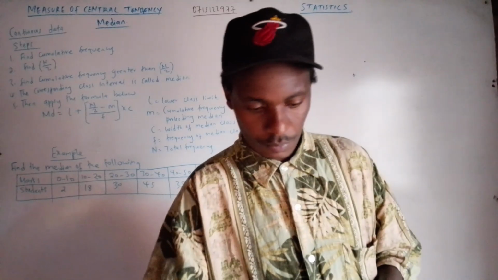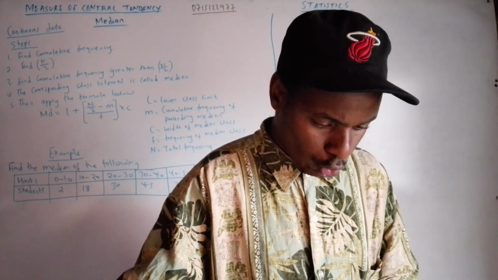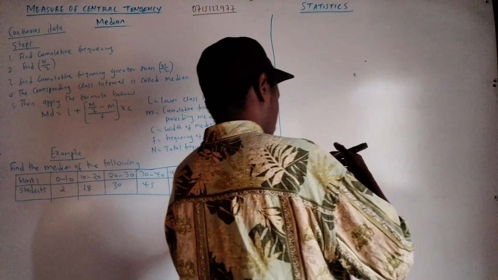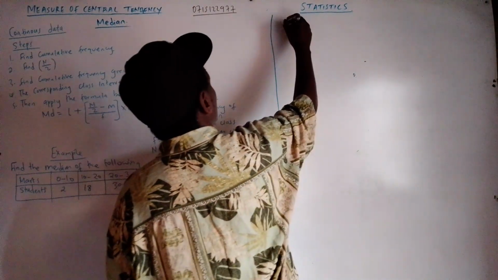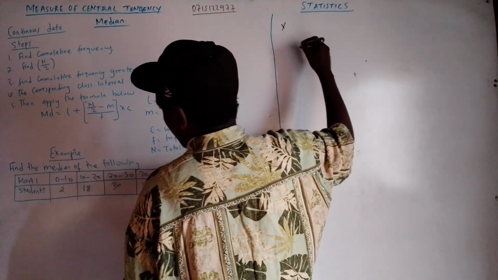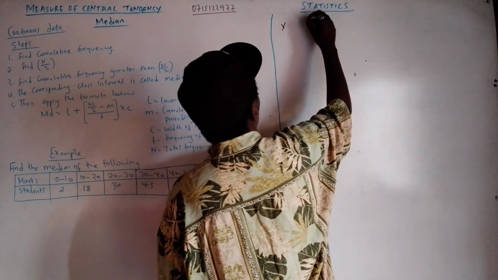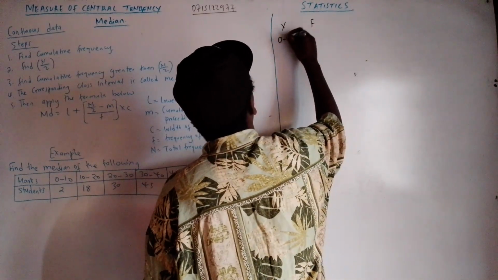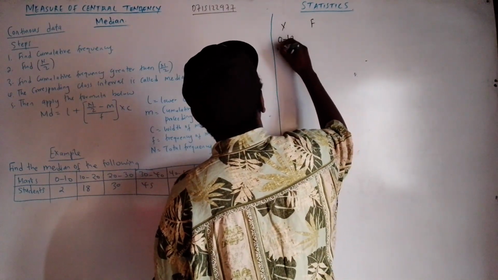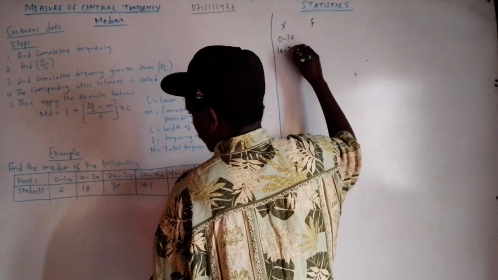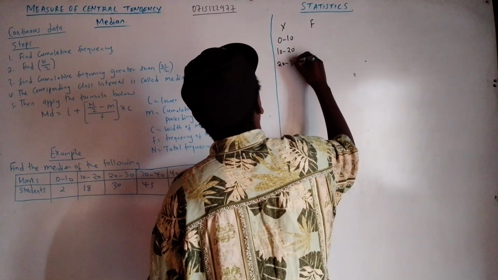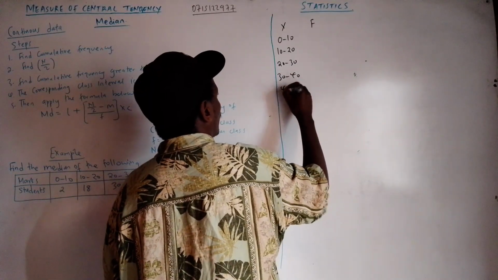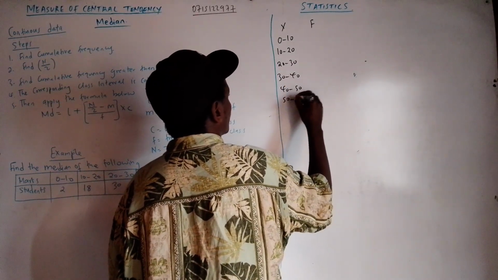What we do first, we come up with our marks, which is x, then our frequency, f, which is the students: 0 to 10, 10 to 20, 20 to 30, then 30 to 40, 40 to 50, 50 to 60, 60 to 70, 70 to 80.